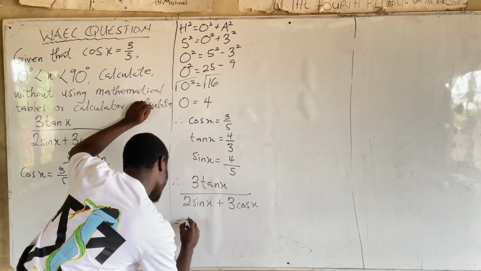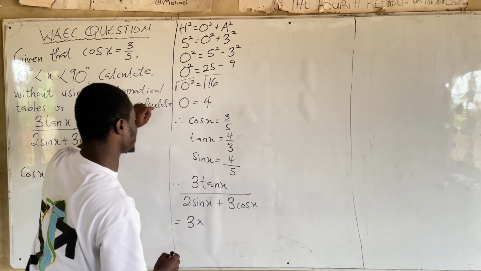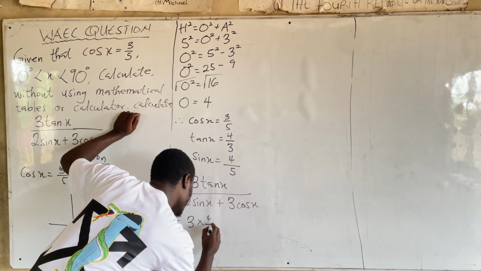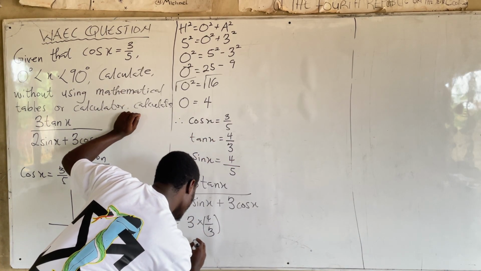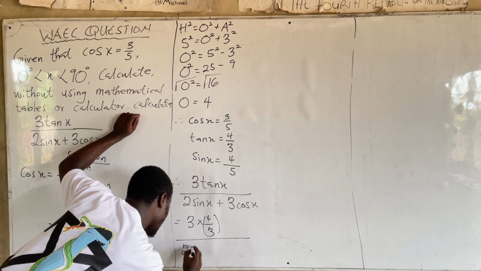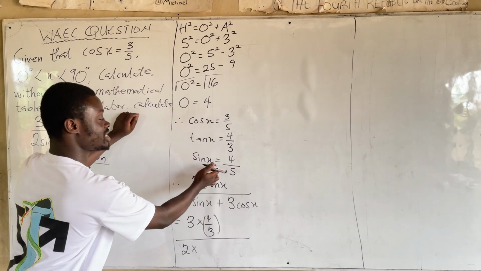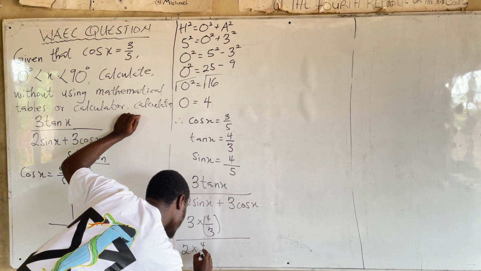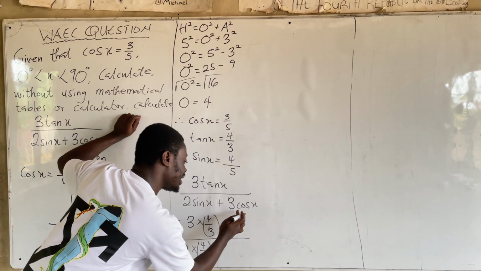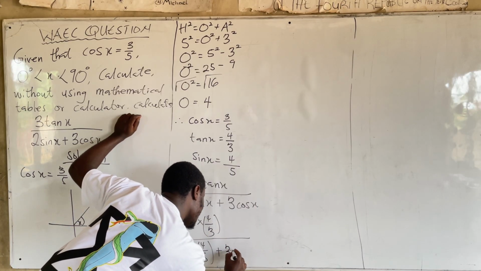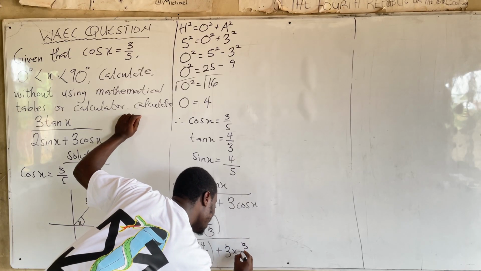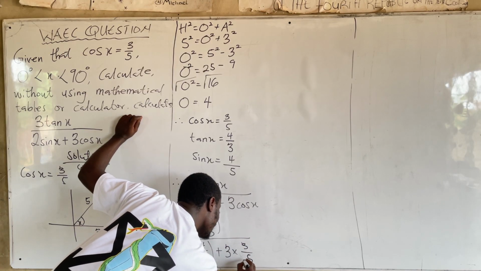So this gives us 3 times tan x, and tan x is 4 out of 3. Over 2 times sin x, and sin x is 4 out of 5. Plus 3 times cos x, and cos x is 3 out of 5.